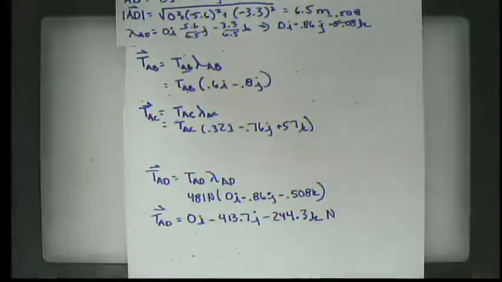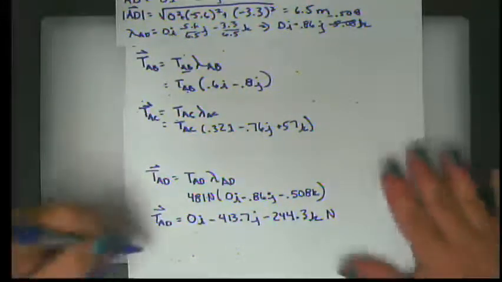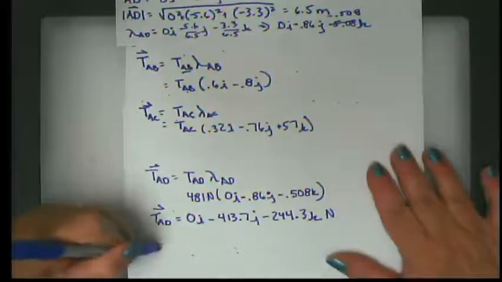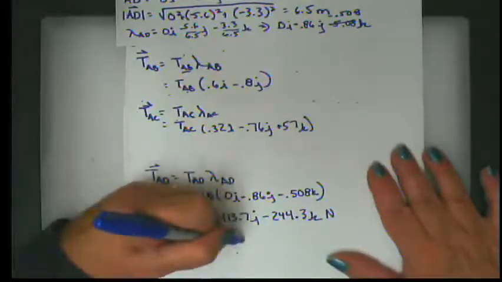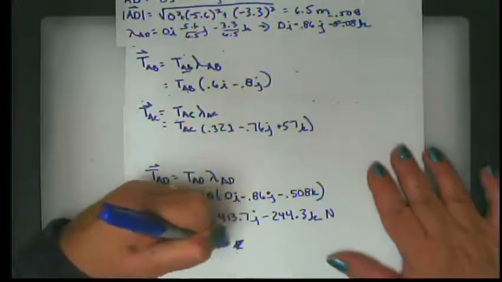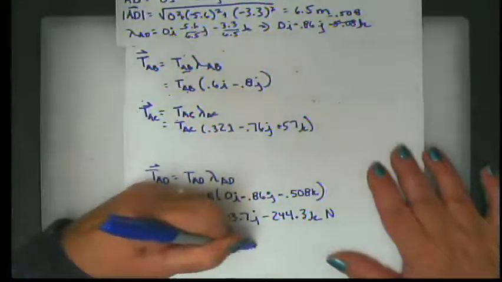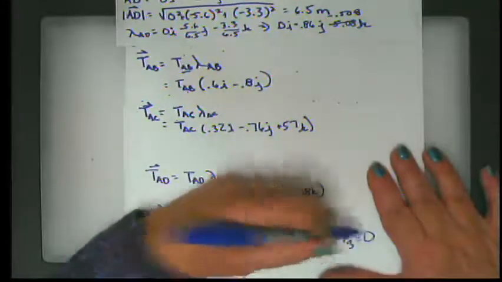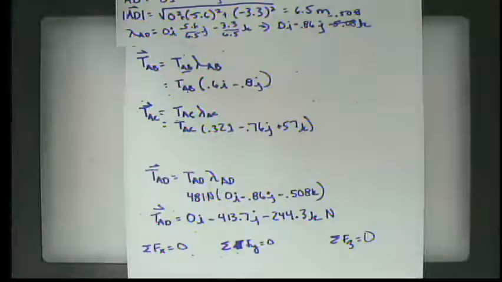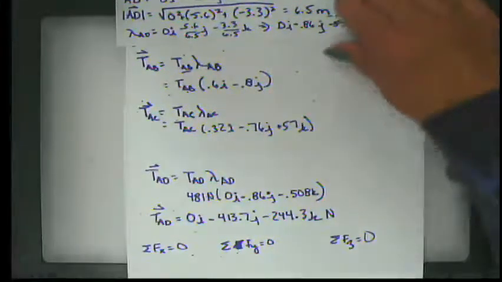All right, now here comes the part that we were told about in this chapter: the summation of forces in the x direction has to be 0, the summation of forces in the y direction has to equal 0, and the summation of forces in the z direction has to equal 0 in order for this to remain anchored so the balloon doesn't fly away or collapse to the ground.